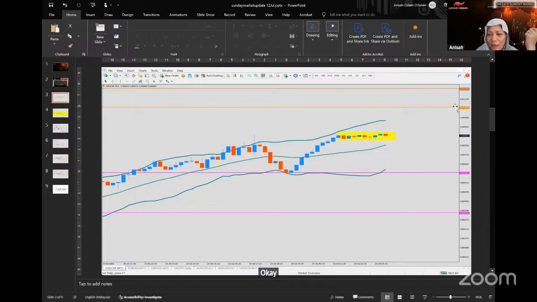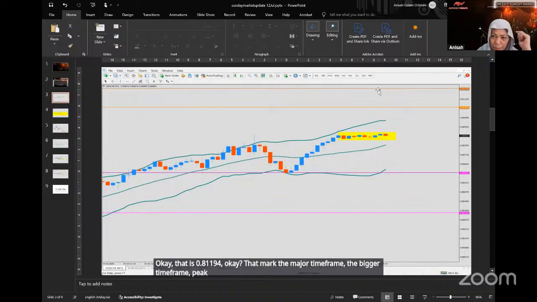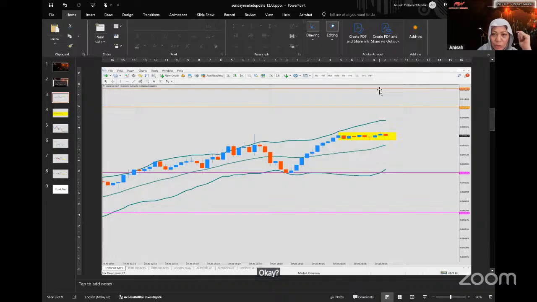That line marks the M15 previous peak. Then TP2, the darker orange line right at the top there, is 0.81194. That marks the bigger time frame peak. Your stop loss is the mid BB or the SMA line.